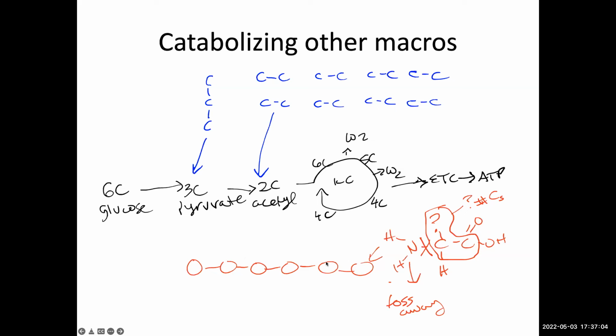Proteins are a long chain of not repeating subunits, but various linked monomers.